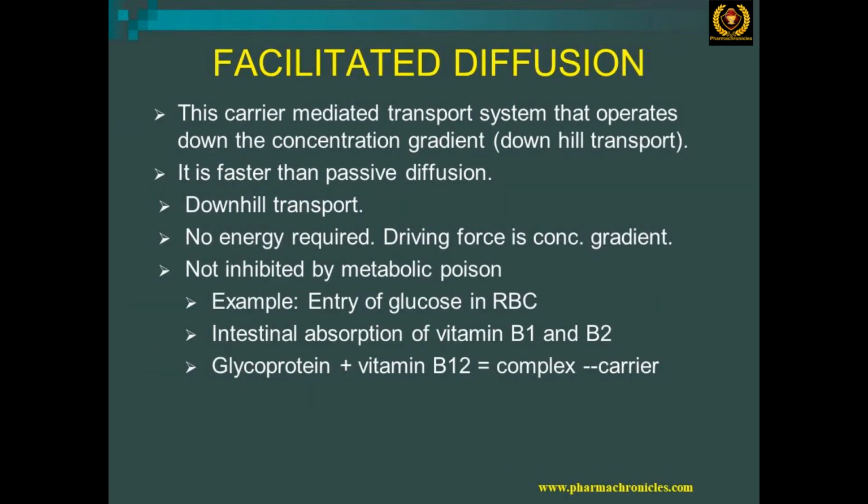Facilitated diffusion is a carrier-mediated transport system that operates down the concentration gradient, that is, downhill transport. It is faster than passive diffusion. No energy is required. The driving force is the concentration gradient. It is not inhibited by metabolic poison. Examples: entry of glucose into RBC, and intestinal absorption of vitamins B1 and B2.